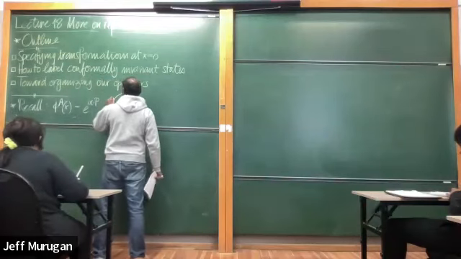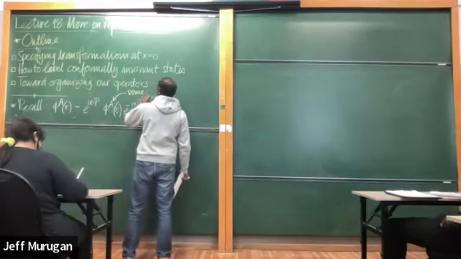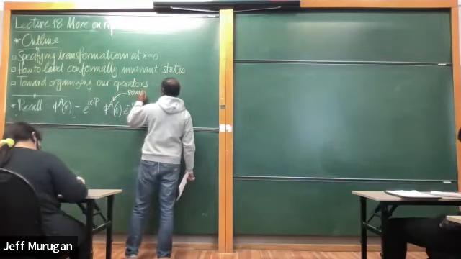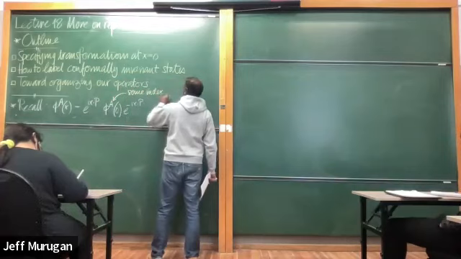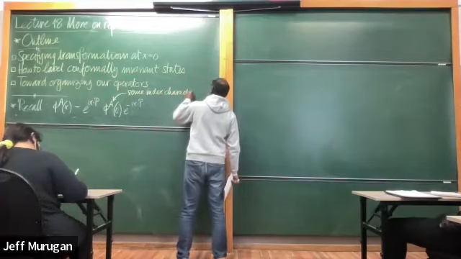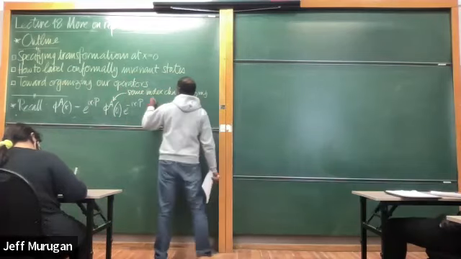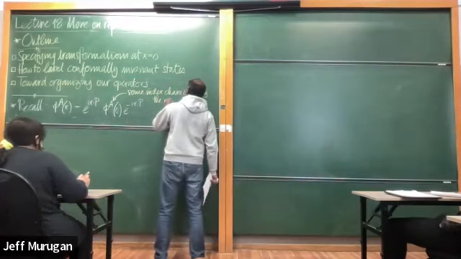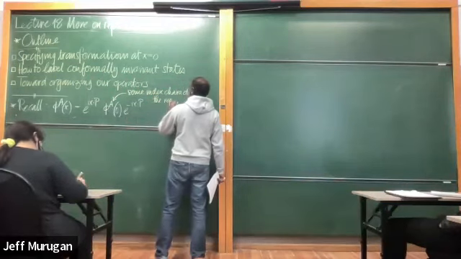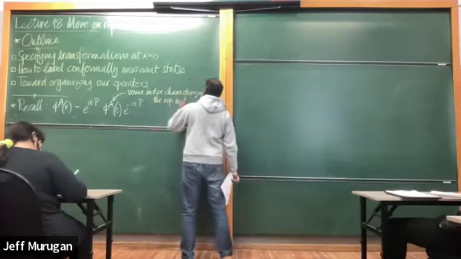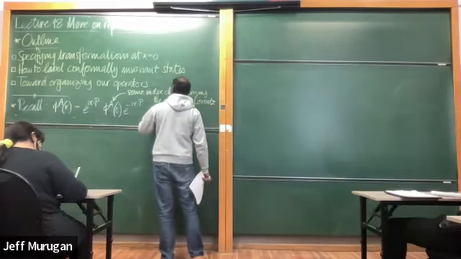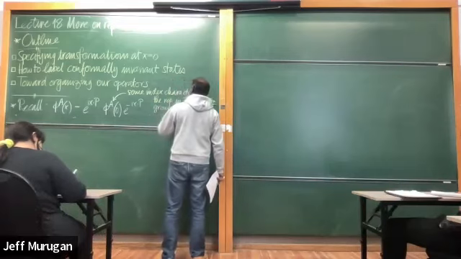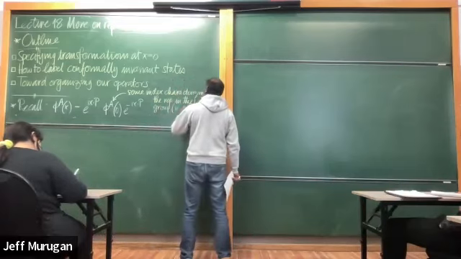So again, this A is some index, spinor, scalar.